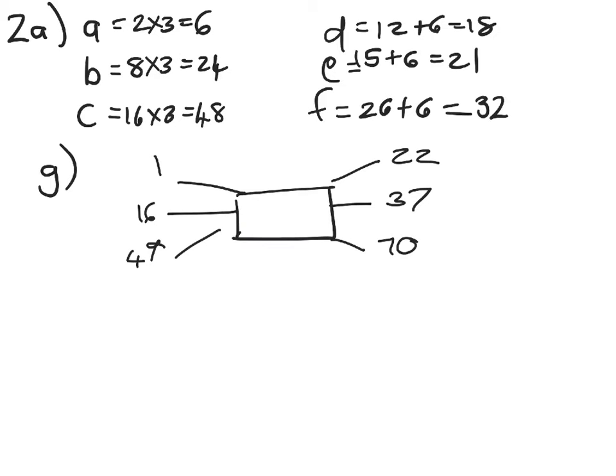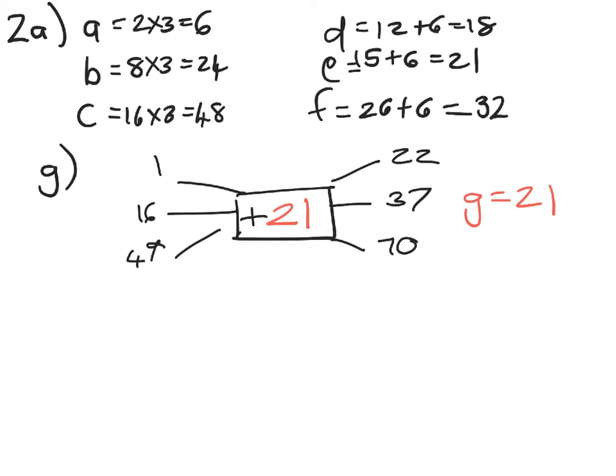Now, grade 7, shush. When I look at this, there's no exact times tables link between the two. Great, well spotted. They give us the plus sign, so all we need to do is say 1 plus what gives me 22? That's 21.